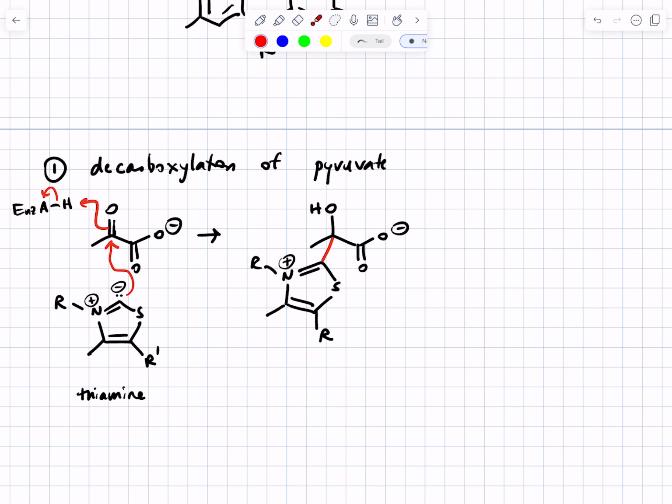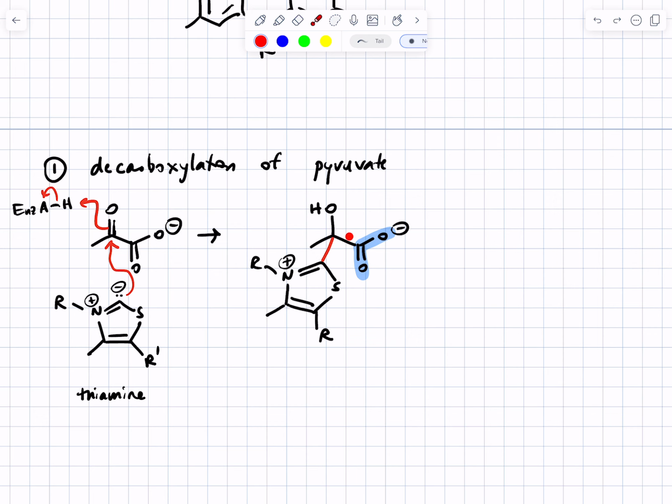Think about losing CO2. If we did the decarboxylation, where would these electrons go? They go right on this carbon. How does the presence of the thiamine change things?